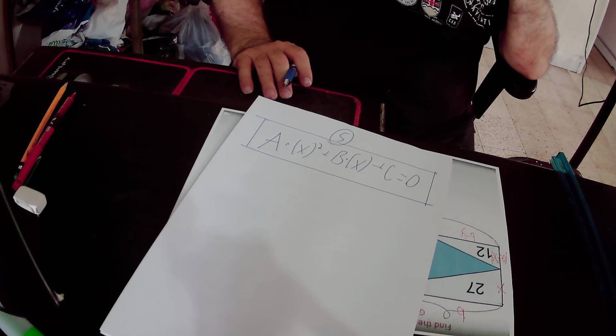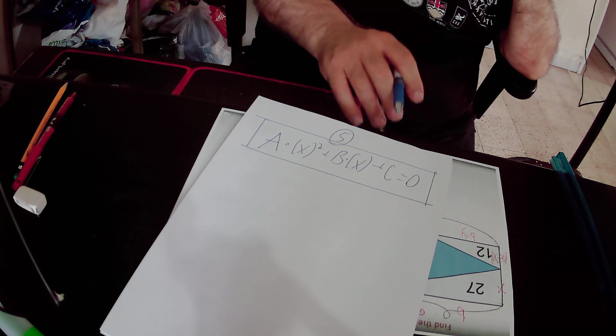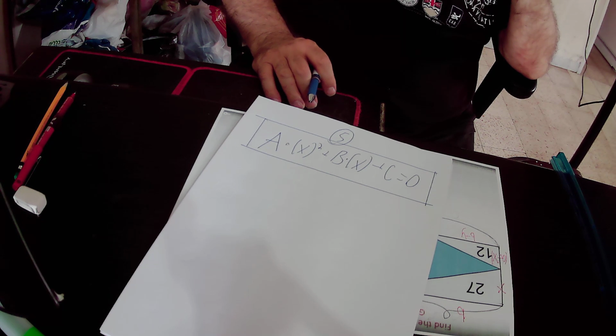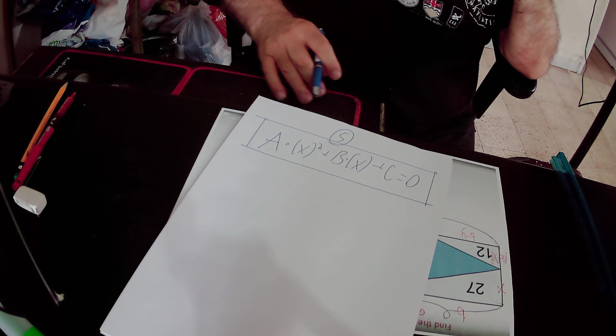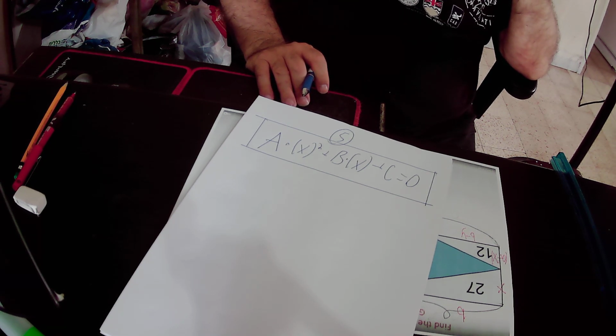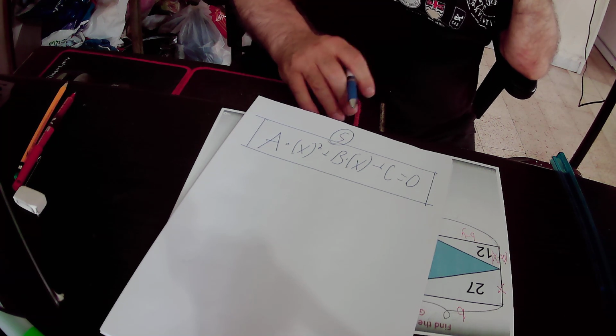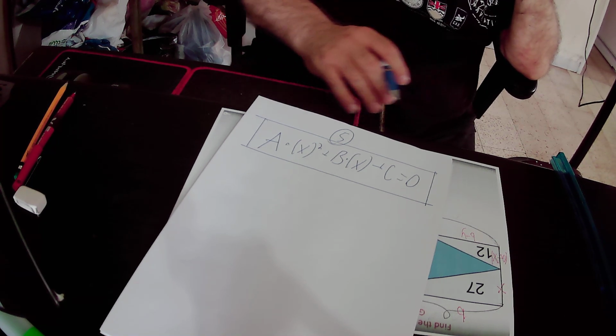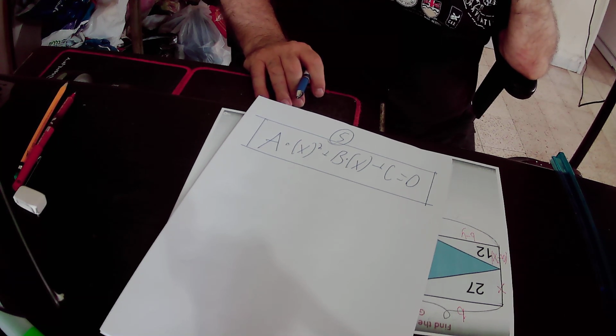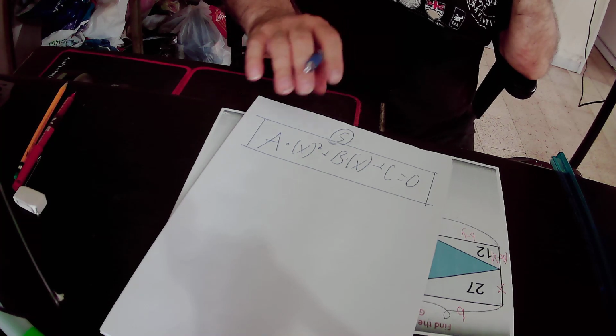And a, b, and c are the coefficients of the quadratic equation, while x is the variable of the quadratic equation. Okay, so I'll write it down.